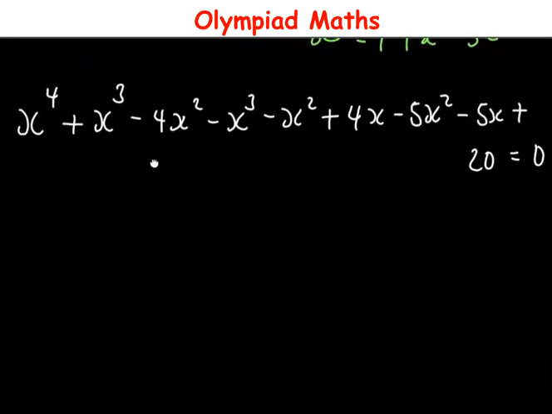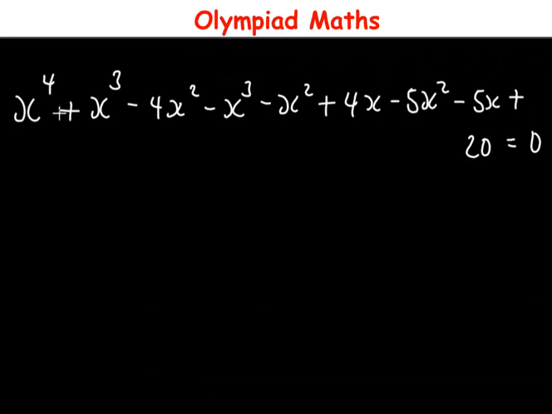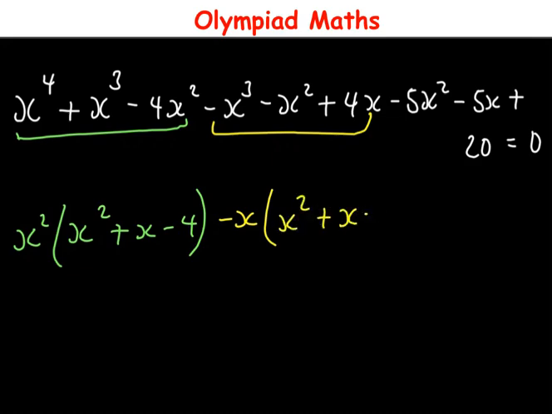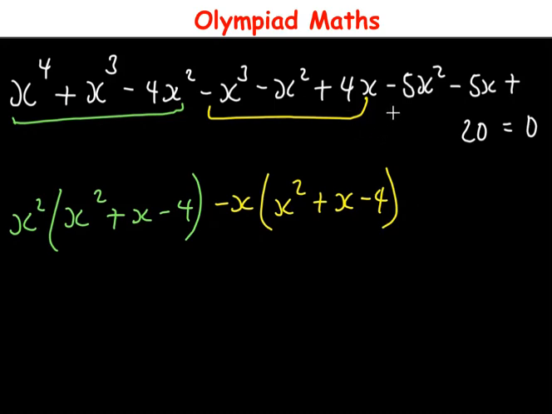So we have this. The next thing is to factorize out x squared from this, right? Factorizing out x squared, we are left with x squared plus x minus 4. Also factorize out minus x from this, we are left with minus x into bracket x squared plus x minus 4. Also, from here, factorize out minus 5, we have minus 5 into bracket x squared plus x minus 4, and this equals 0.